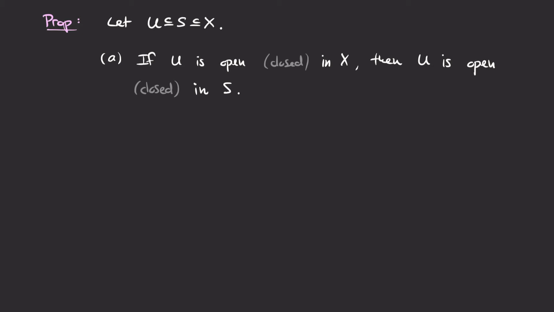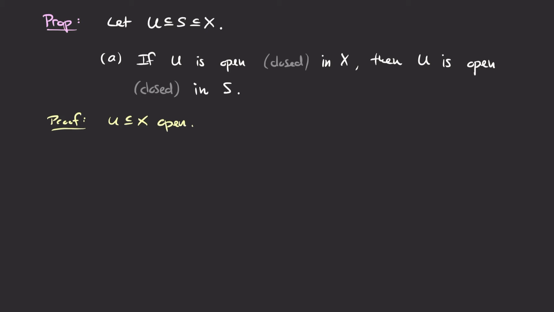And similarly, if U is closed in the larger space X, then U is also closed in the subspace. I'll just prove the open part. So consider U ⊂ X an open set.